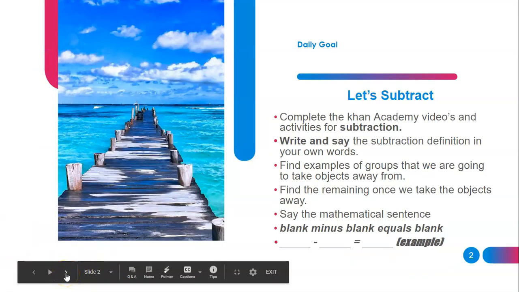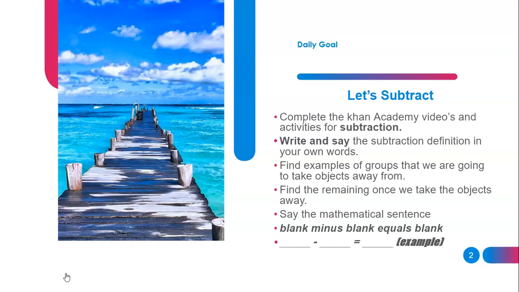All right, today our goal is to subtract. We're going to complete the Khan Academy videos and activities for subtraction, if you haven't already done so. You're going to write and say the subtraction definition in your own words. You're going to find examples of groups that we are going to take objects away from.